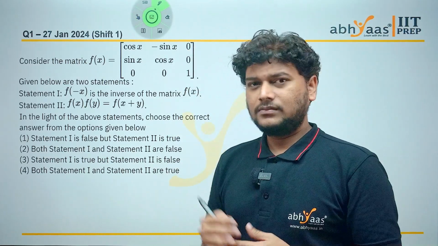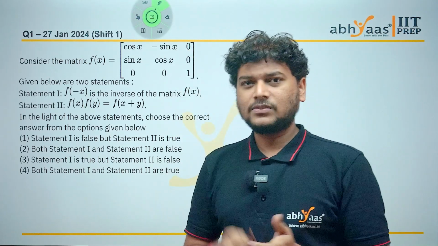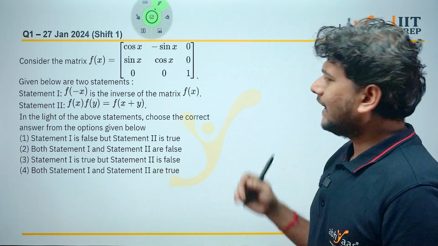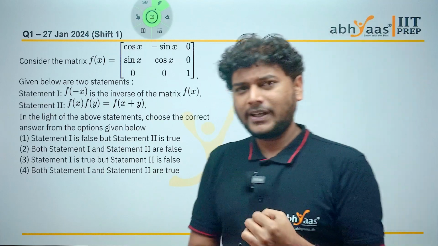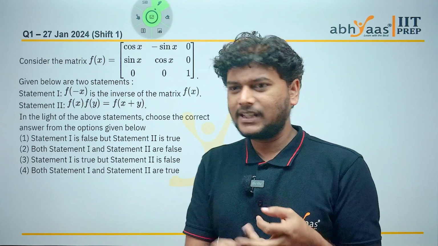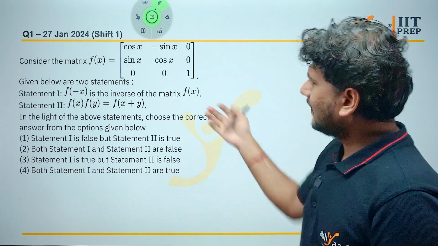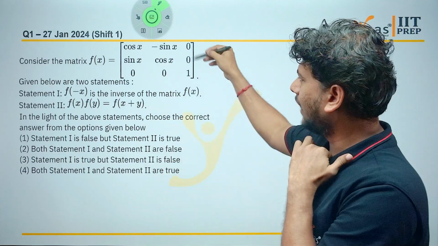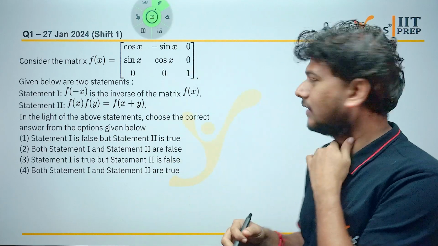Whenever we see the inverse of a matrix, we tend to find the inverse. But here it will be time taking. To find the inverse of a matrix, you have to find the cofactors, adjoint A and determinant A. If the matrix is simple like this, it is okay, but if it is complex, it will be difficult.